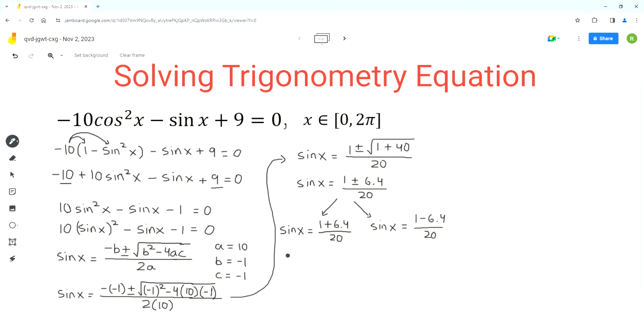So now we can evaluate the positive case. So sin x is equal to 1 plus 6.4, which is 7.4, and then we divide 7.4 by 20. So I got 0.37.